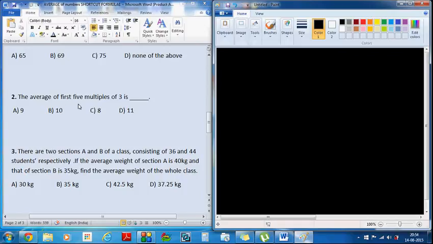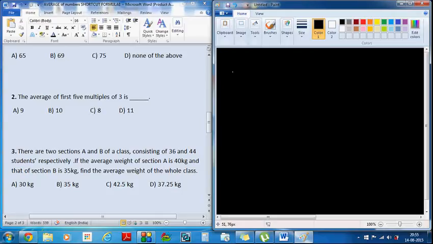So first, to calculate the average, we have to find the sum of the first 5 multiples of 3.